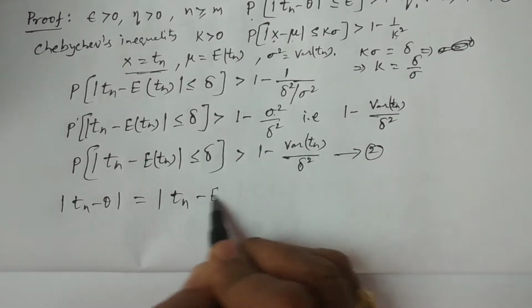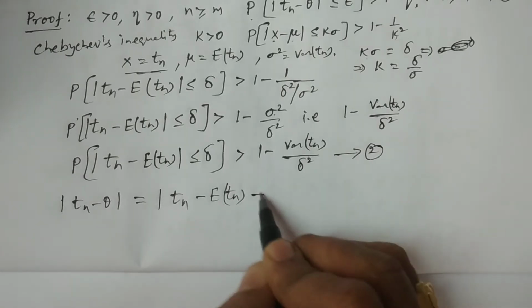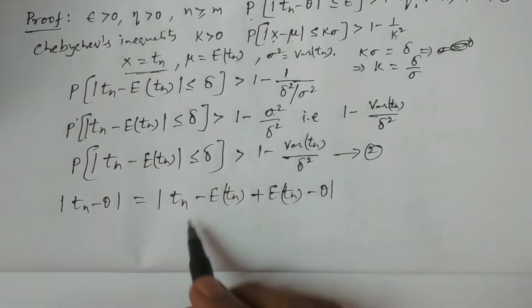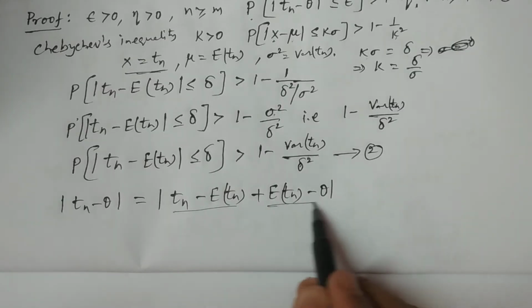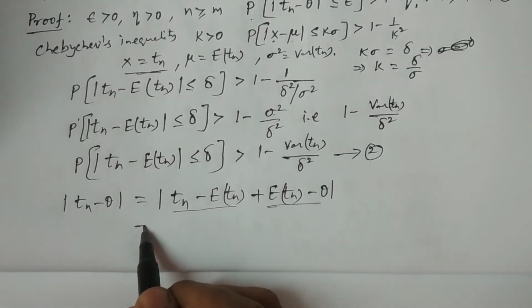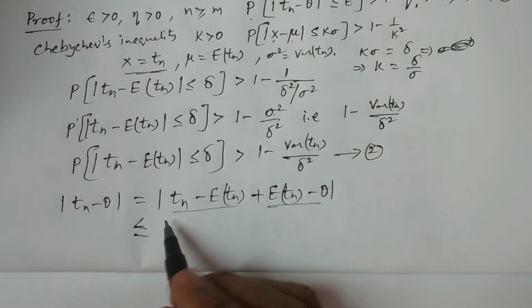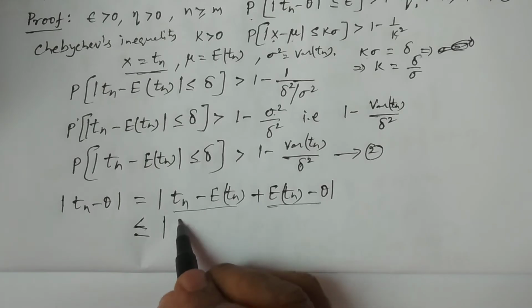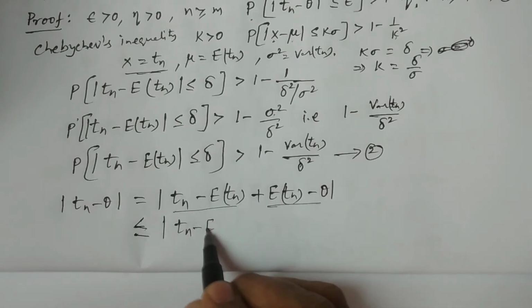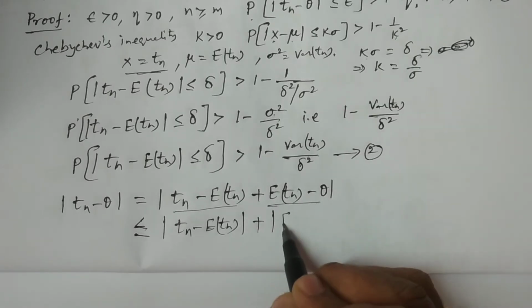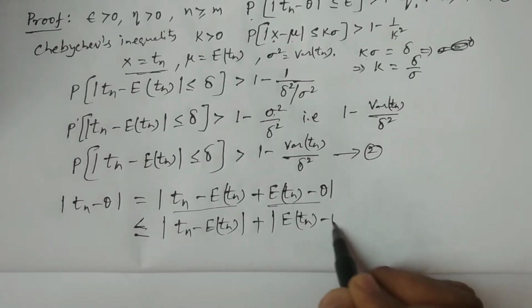So Tn minus expectation of Tn plus expectation of Tn minus theta. Obviously, if you consider this as A and this as B, modulus of A plus B is less than or equal to modulus of A plus modulus of B. That is, modulus of Tn minus expectation of Tn plus modulus of expectation of Tn minus theta.